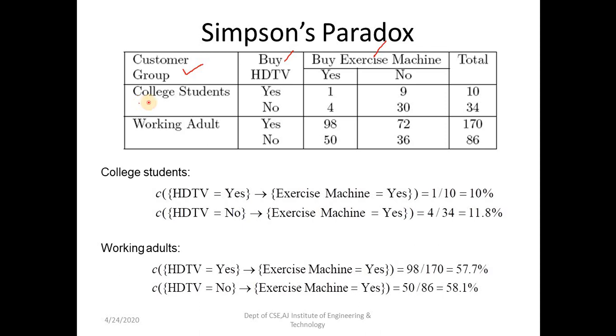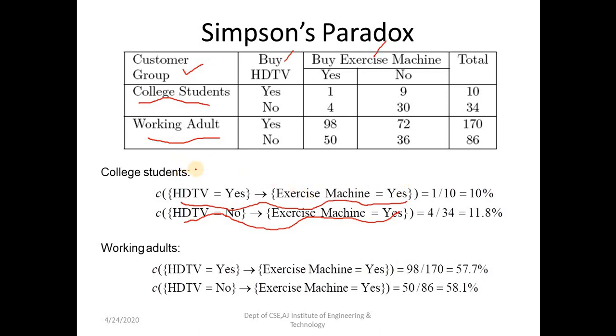Here the customer group may be college students or working adults. So let us examine the same two rules over here. That is, if a customer buys HDTV, then he will buy exercise machine. And one more rule is that if a customer does not buy HDTV, then he will buy exercise machine.